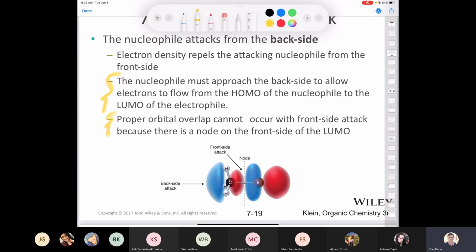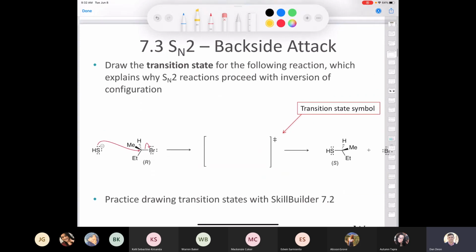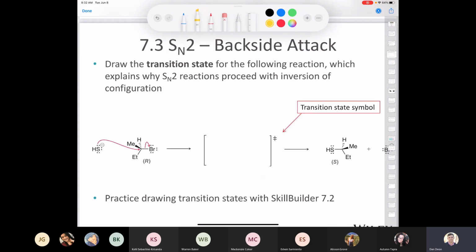It doesn't take you very long to cover that section. But the whole idea is nothing more than it wants to avoid this partial negative charge on that bromide. Like charges repel one another. And so that's why the hydrosulfide is going to attack from the back face of the molecule. And that's what we call backside attack.